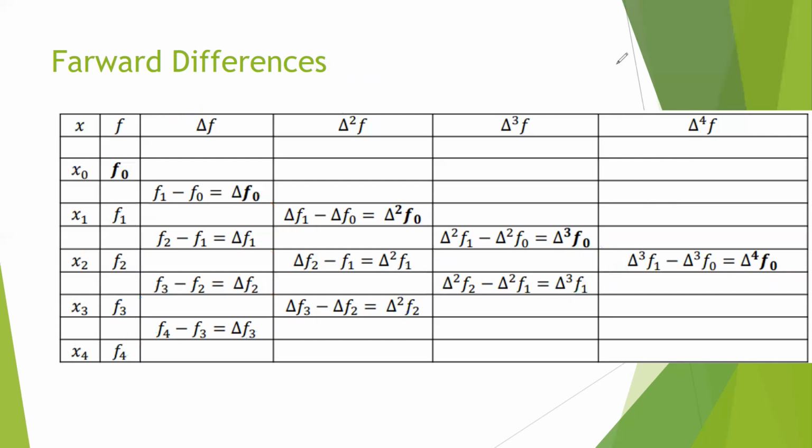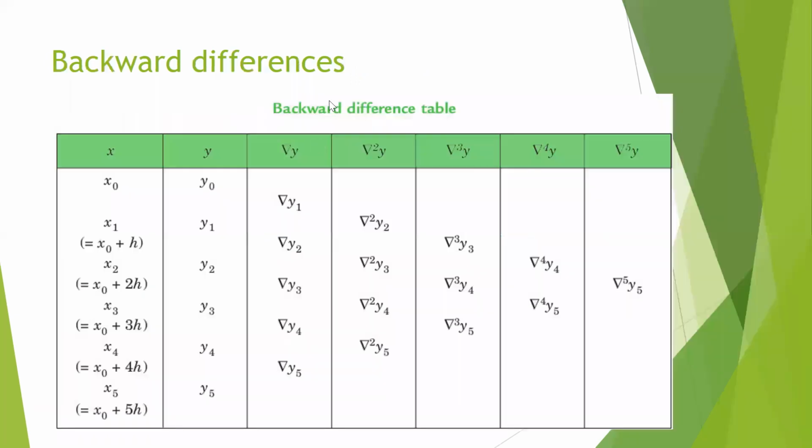Now let us see backward differences. In the same way as forward differences, we are going to learn about backward differences using a backward difference table. In this table, we again consider two variables x and y.